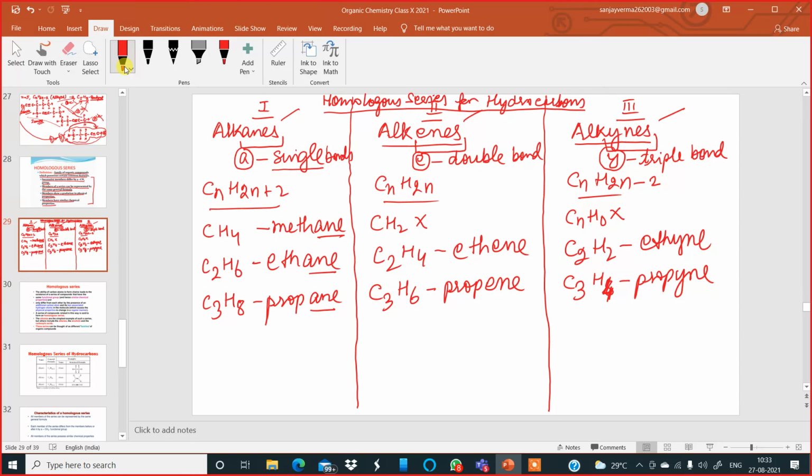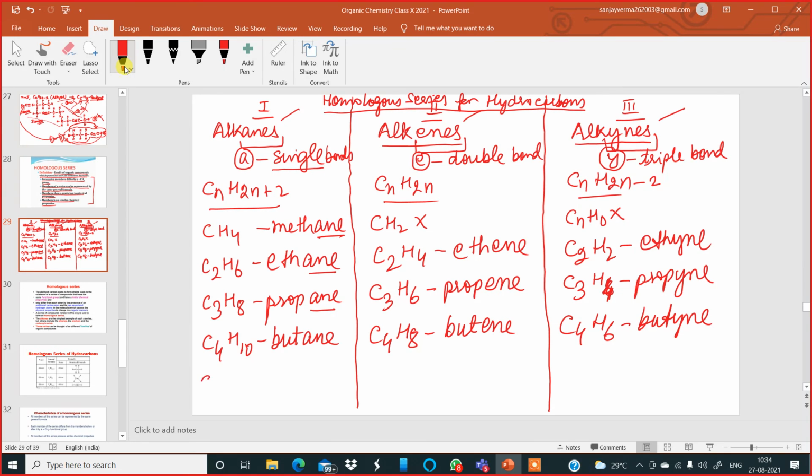Then C4H, 4 twos are 8 plus 2 is 10. This is called butane. Over here with 4, C4H8. This is called butene. C4H, 4 twos are 8, 8 minus 2 is 6. This is called butyne.